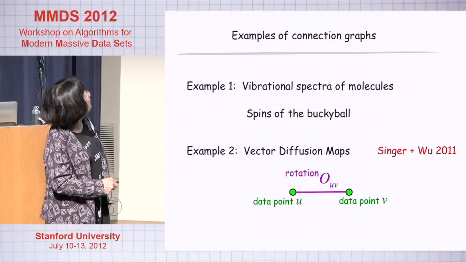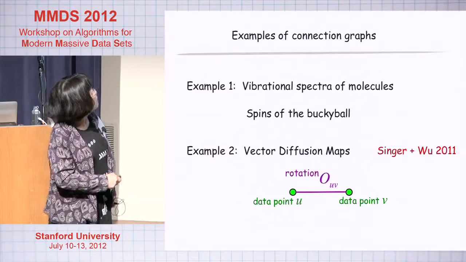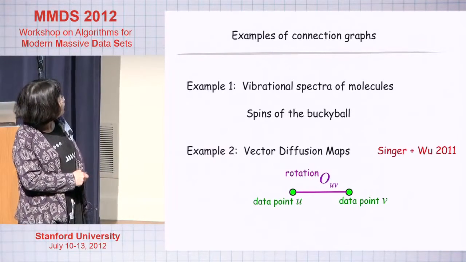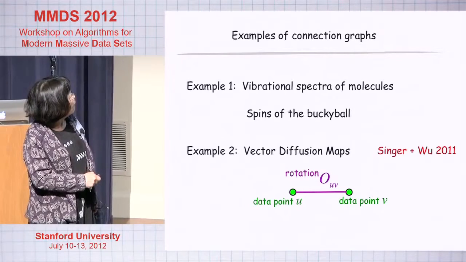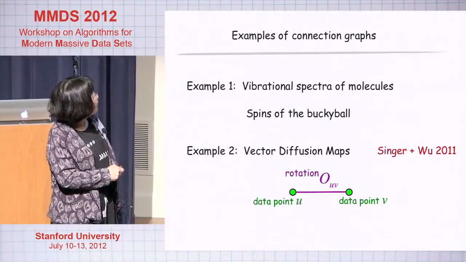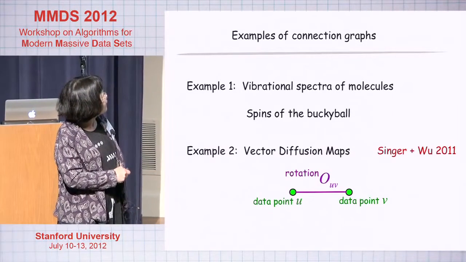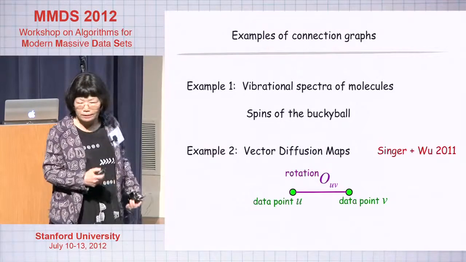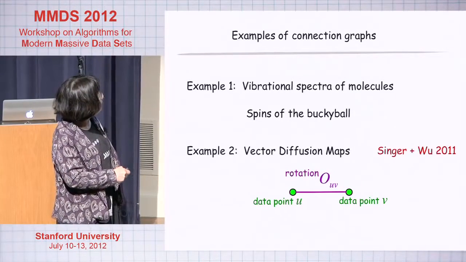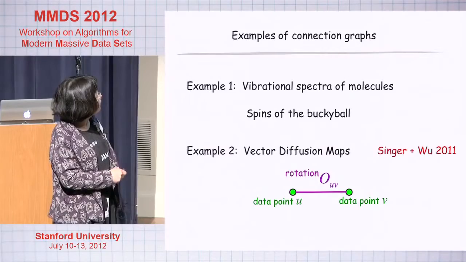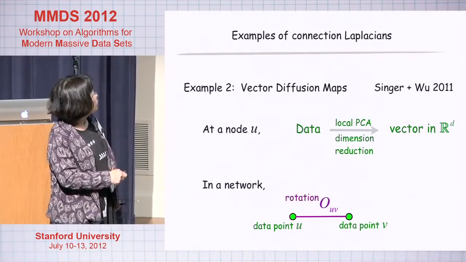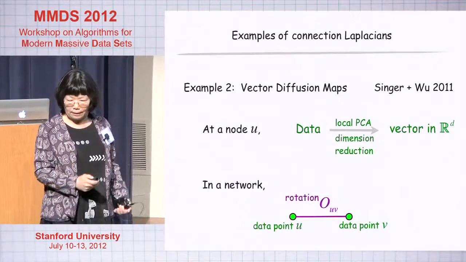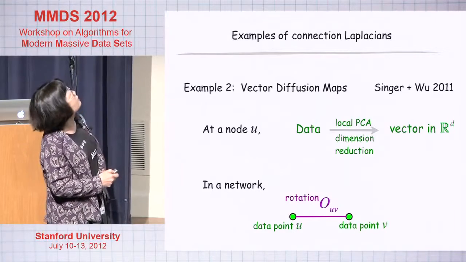But right now, in this new situation, for each data point, we want to represent the data after compaction or whatever. And from one data point to another, there's a rotation, forming the connection network.